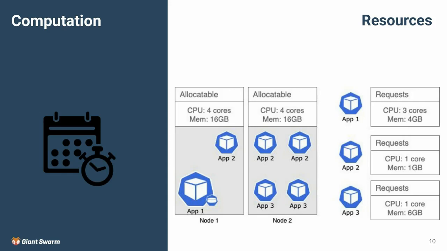And we see that they are mapped into the nodes differently. So in the first node, we see app 1 is consuming 3 cores already of the node, and there is only one spot free for app 2 or app 3 because they each request one core.